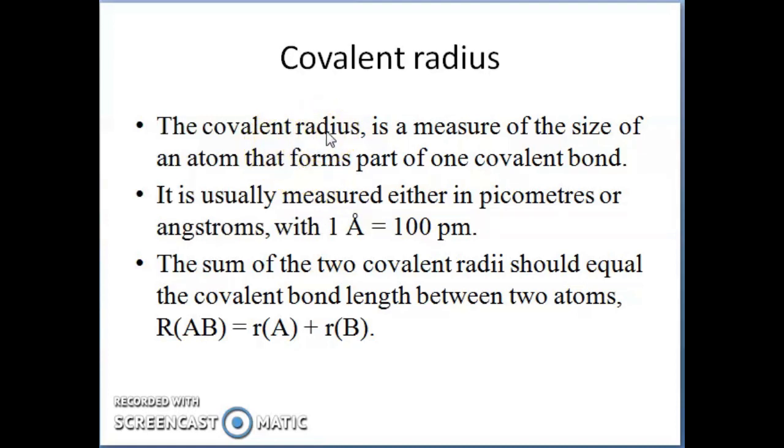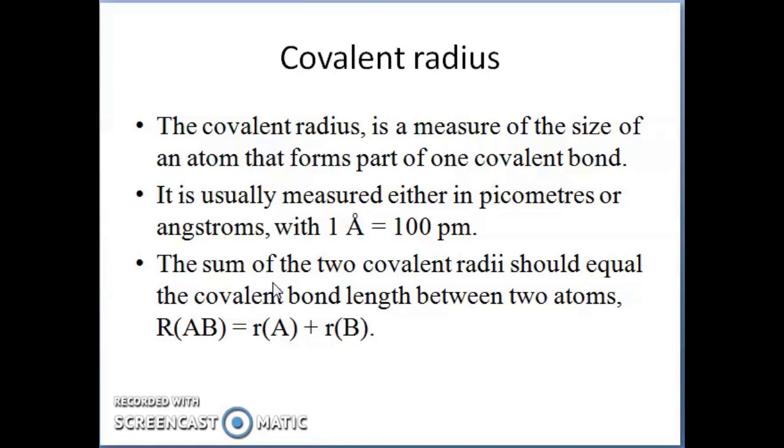Covalent radius is measured in either picometers or angstroms, and we know that 1 angstrom is equal to 100 picometers. Generally, the sum of two covalent radii should be equal to the bond length between the two atoms.